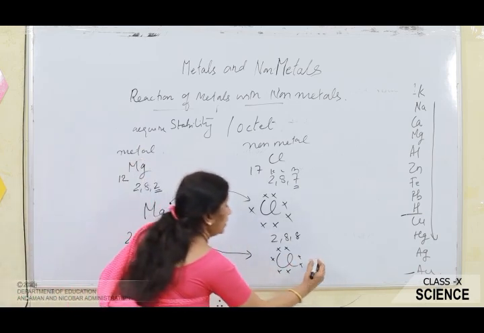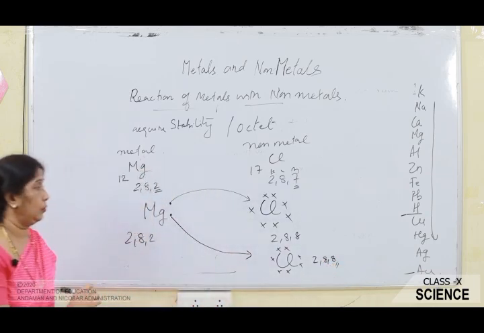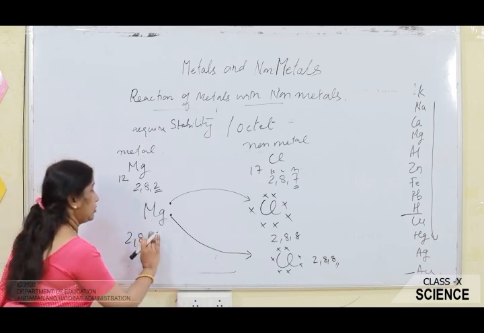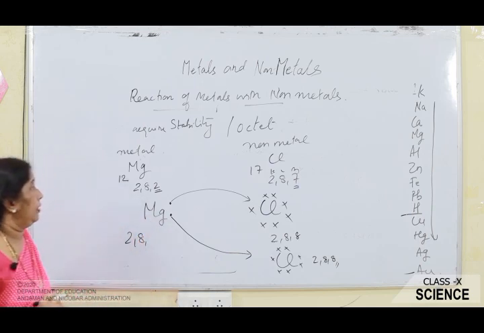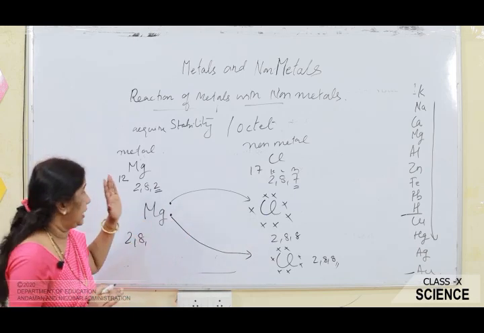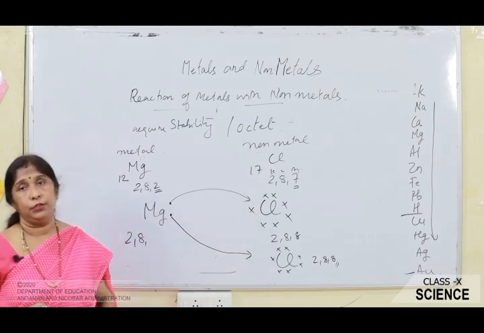Now this chlorine atom will also complete its octet and it will become 2, 8, 8, right. Magnesium, being a metal, has lost 2 electrons and the 2 chlorine atoms have gained these 2 electrons.